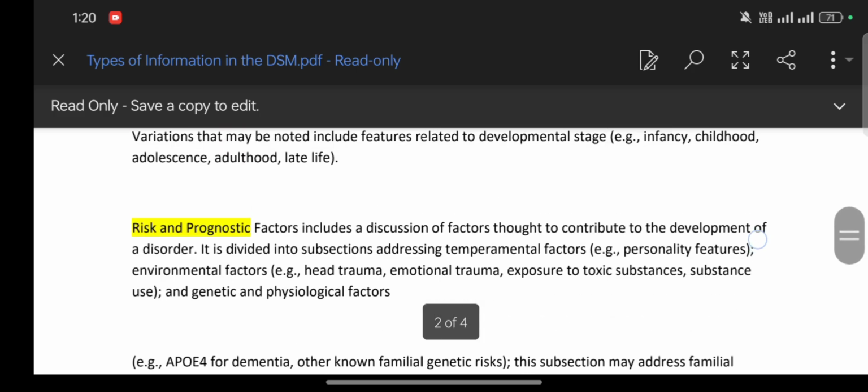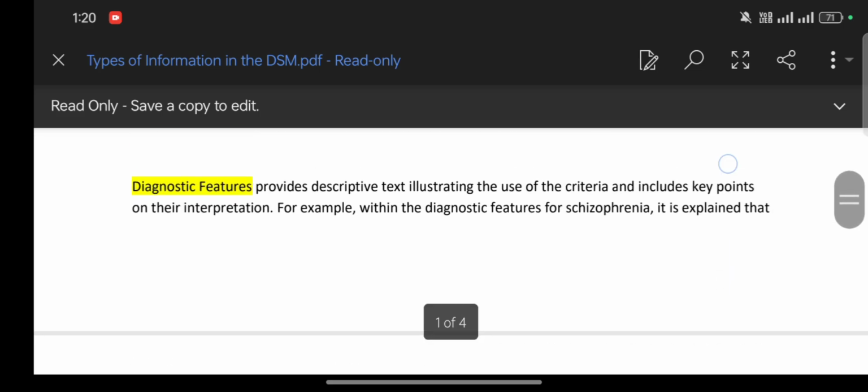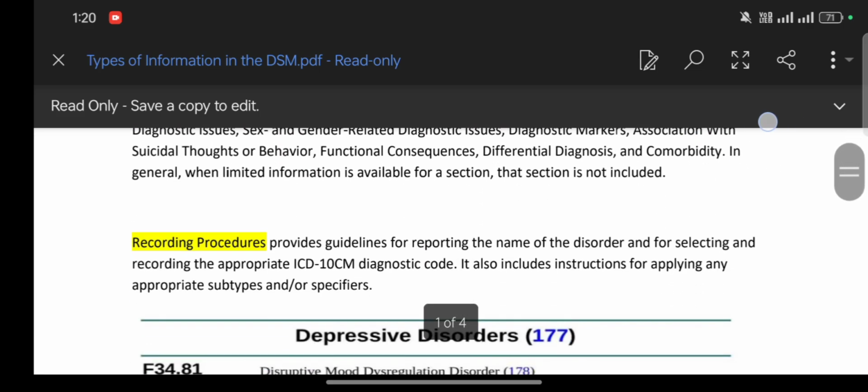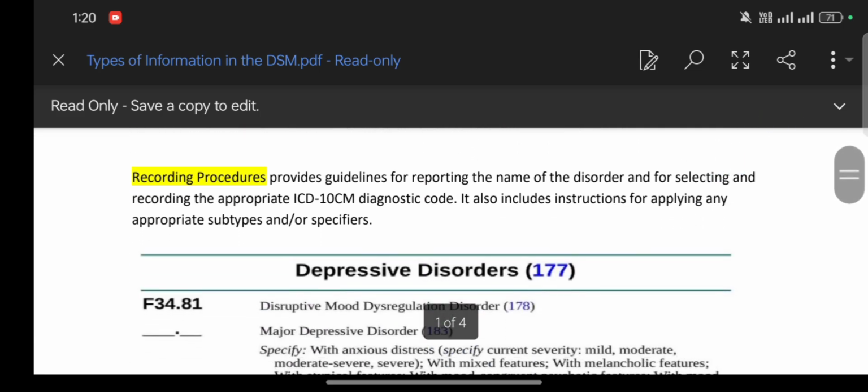And also, if we try to add something in recording procedures, we can add this as an example: disorders will be recorded according to the diagnostic criteria using the appropriate ICD-10 code, subtype if any subtype is applicable, and a specifier if any specifier is applicable.